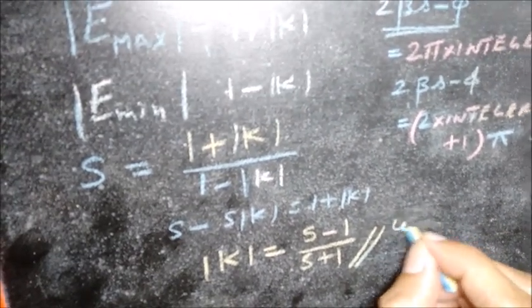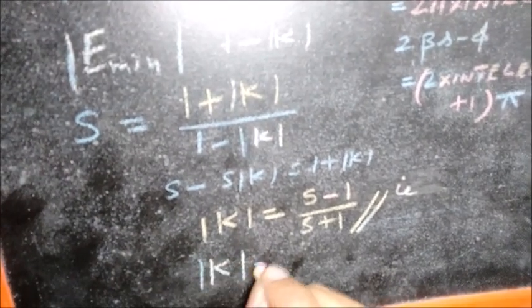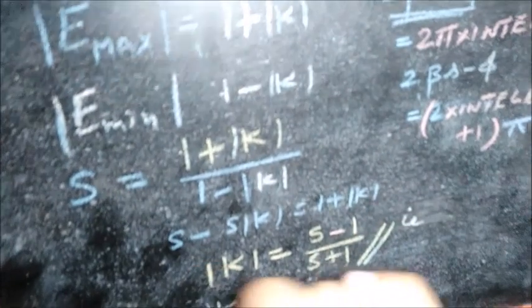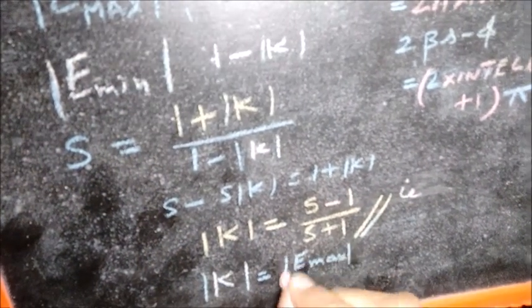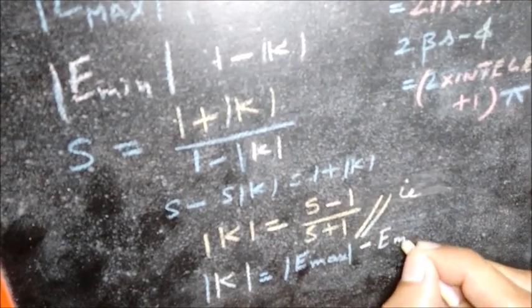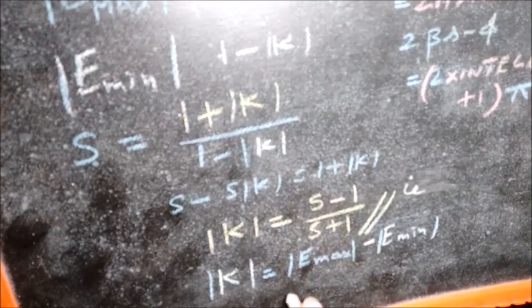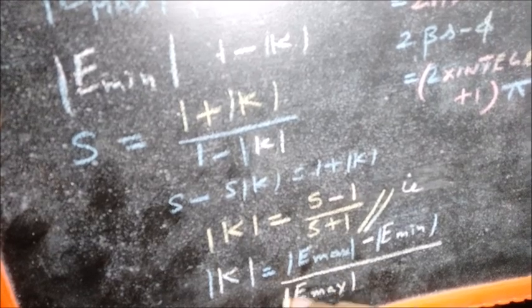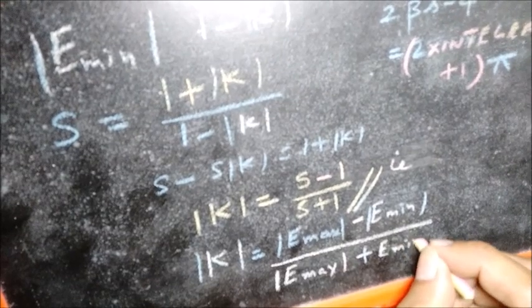That is, S by definition is magnitude Emax by magnitude Emin, so k becomes Emax minus Emin divided by Emax plus Emin.